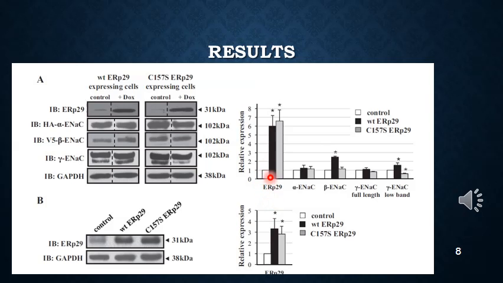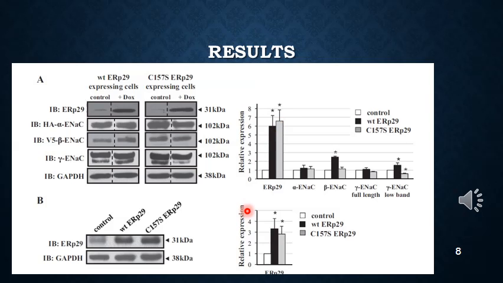On the right in figure 1A, we see how ERP29 has a positive effect in relative expression of ERP29 when treated with dox at a concentration of 50 nanograms per milliliter for about 8 hours. Wild-type ERP29 had an increased expression of 6 times, and C157S ERP29 had an increased expression by 6.6 times.